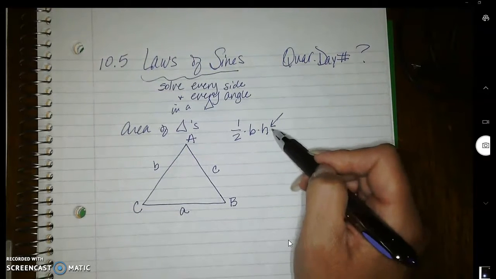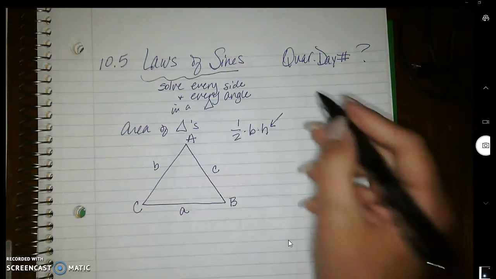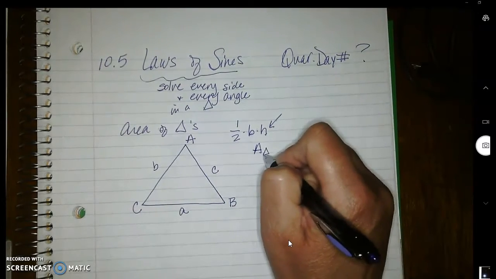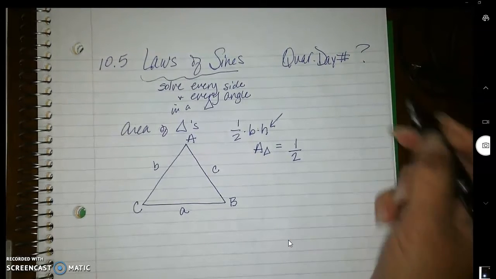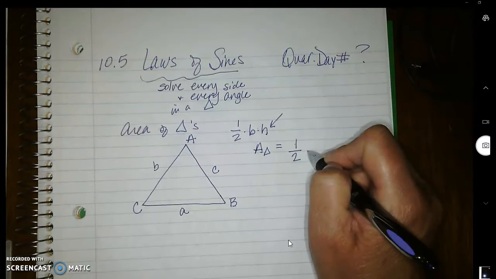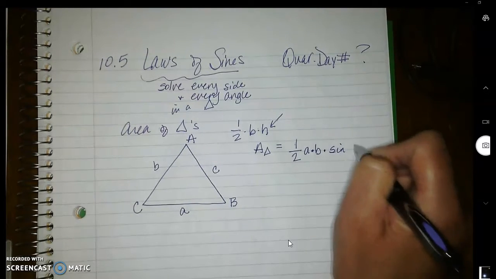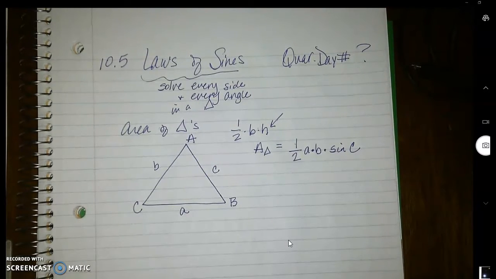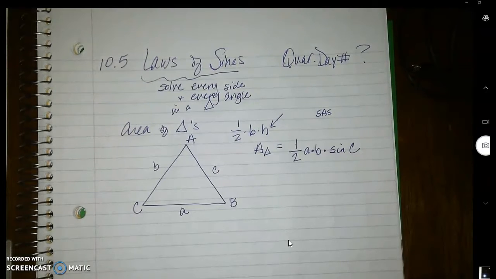So if you really wanted to go through and do the trig for it, you could, but there is a formula for the area of any given triangle. You can take 1/2, a times b times the sine of the angle that is in between. I don't know if you remember in geometry, you did all of this side-angle-side stuff, right?